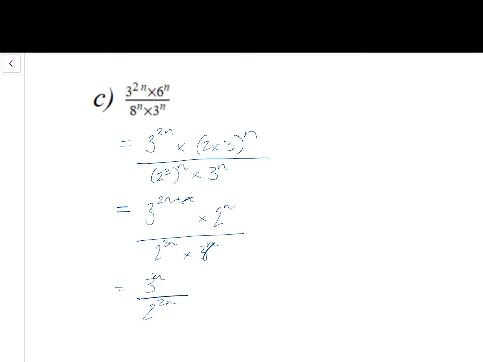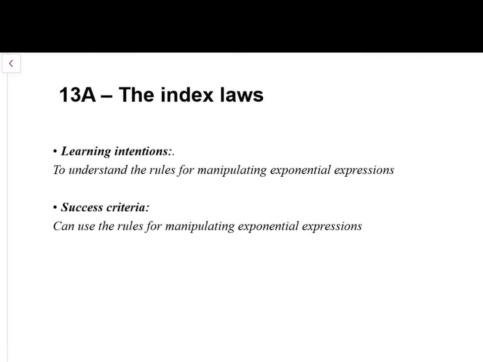So what we can see here is that the numerator and the denominator both have the same exponent, so we could use the fifth index law to say that this 3 to the power of 2n over 2 to the power of 2n is the same as 3 over 2, to the power of 2n. After practicing, hopefully you can use the rules for manipulating exponential expressions and use each of the 5 index laws.